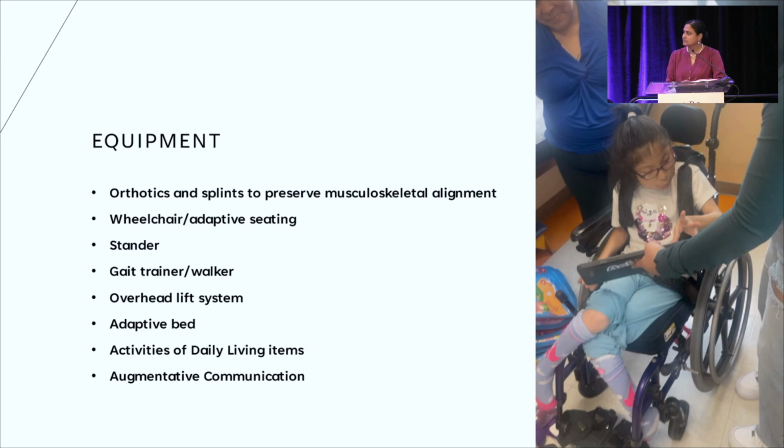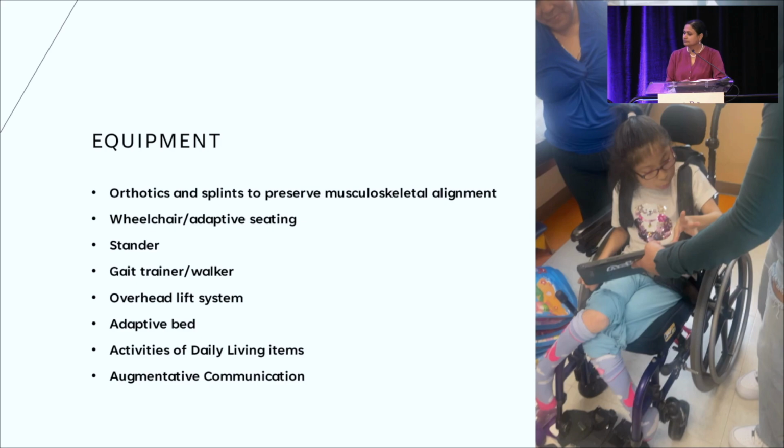I'm talking about pronation of the ankles, tight heel cords, tight hamstrings, hips that rotate, scoliosis. Those types of things, if we really assess and look at them on an ongoing basis, we can provide some pieces of equipment and strategies to be able to preserve that alignment.